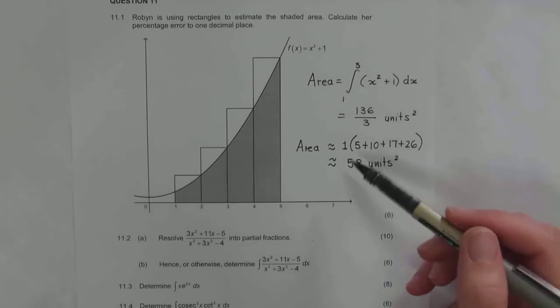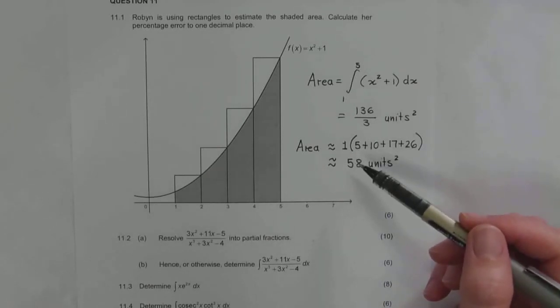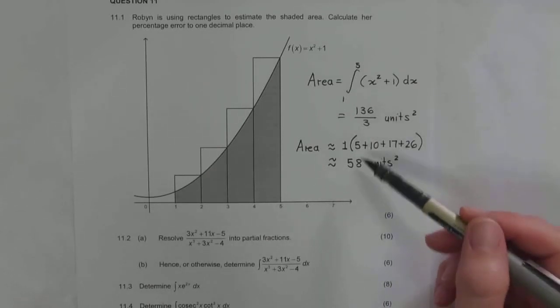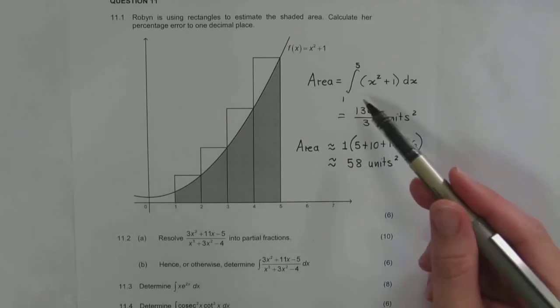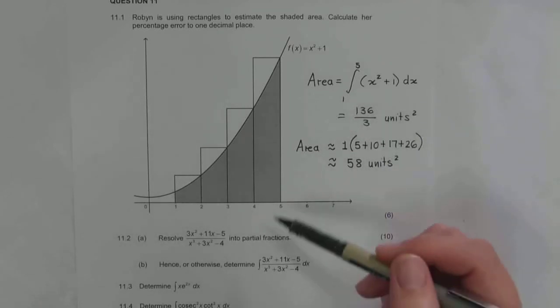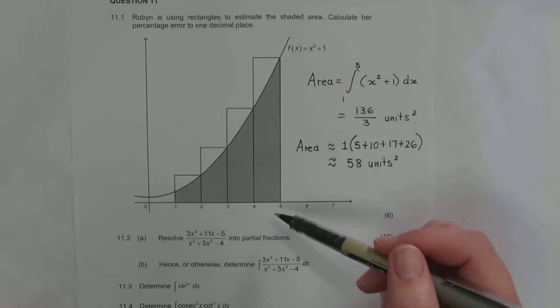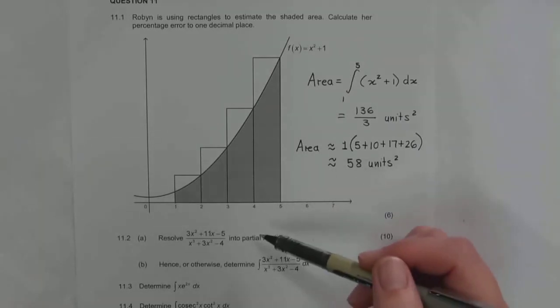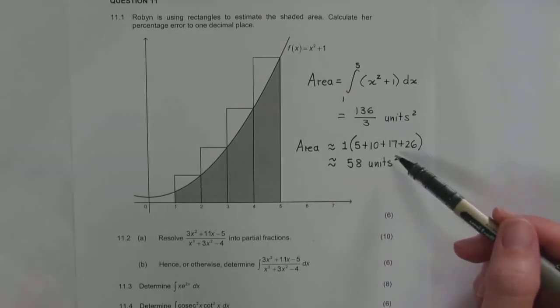My percentage error is going to be the difference between the approximate area and the actual area, divided by the actual area. Now you need to understand that my percentage error in this case has got to be positive, because I worked out a much bigger area than I was supposed to.